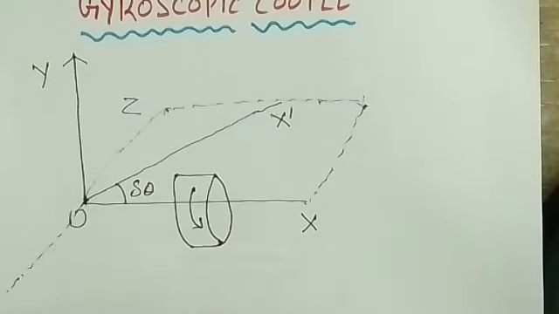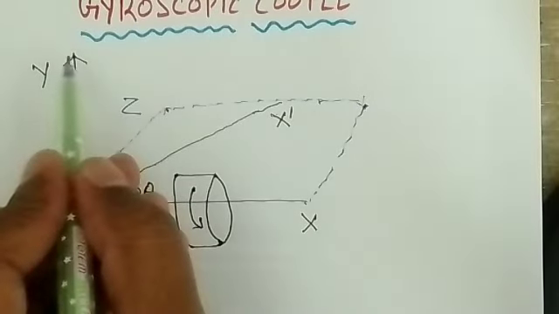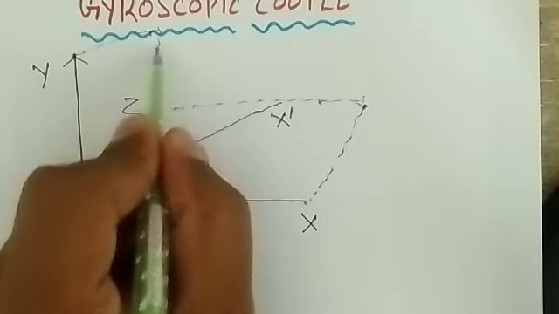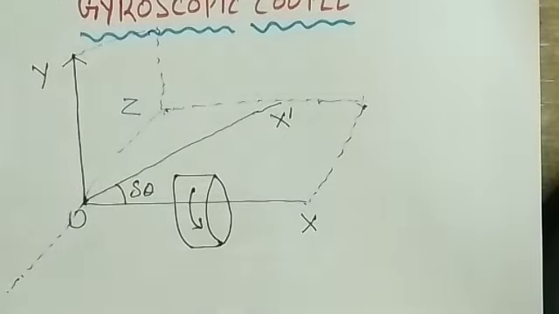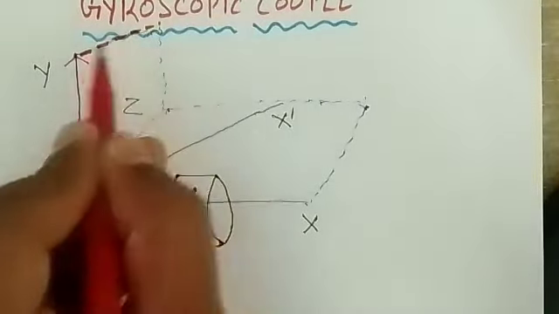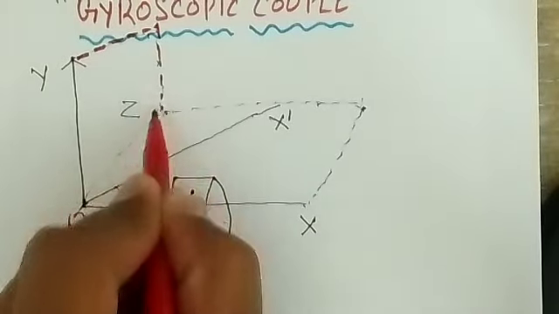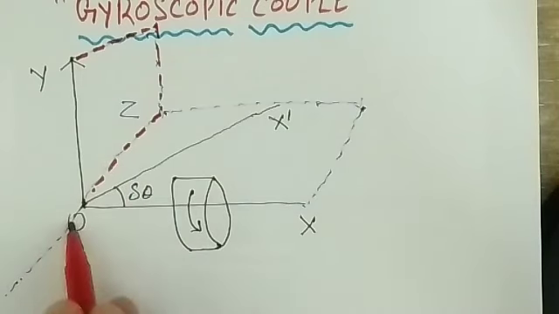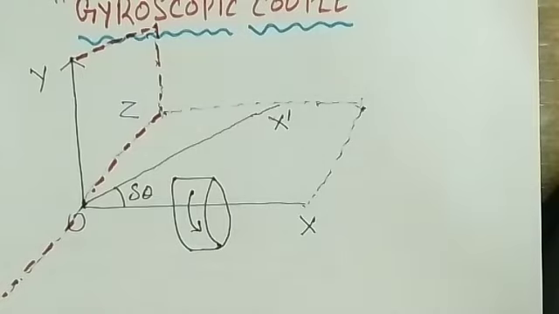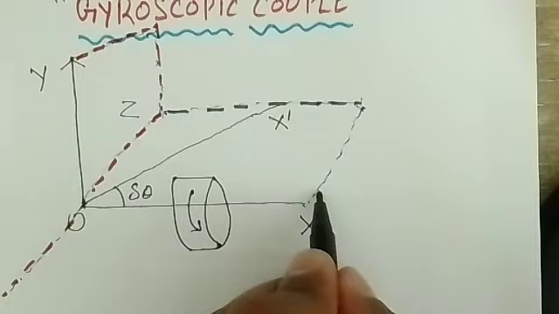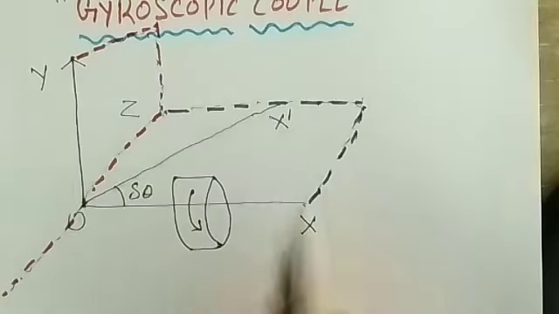One more plane we have to draw, that is YOZ. I'll show you with the dark color, this is your YOZ plane, and this is the Z axis. And this is your XOZ plane.